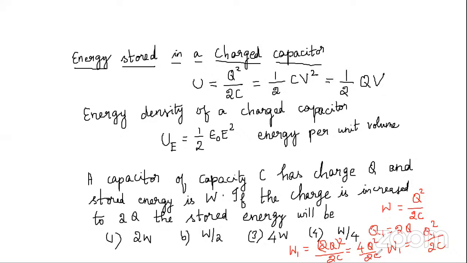You know very well that Q squared by 2C is nothing but W. So W1 is now equal to 4 into Q squared by 2C. That is nothing but W1 equal to 4 into W. So that means it is 4 times the initial energy, that has been given in option 3. That is 4W. This is the right answer for this question.